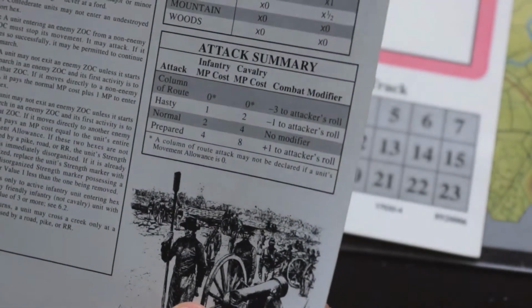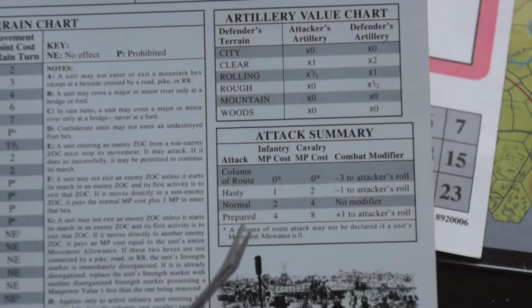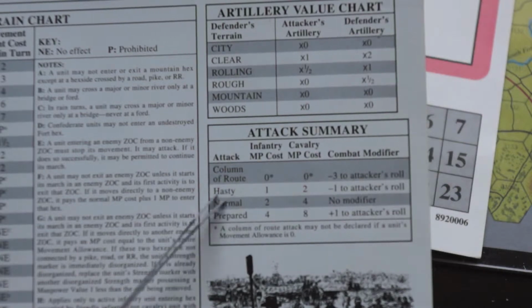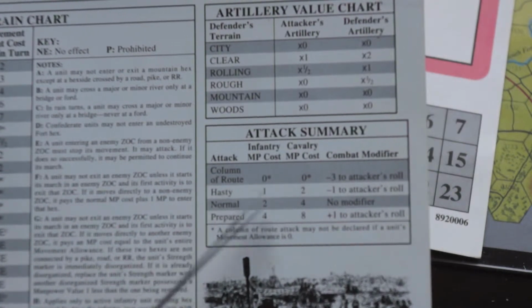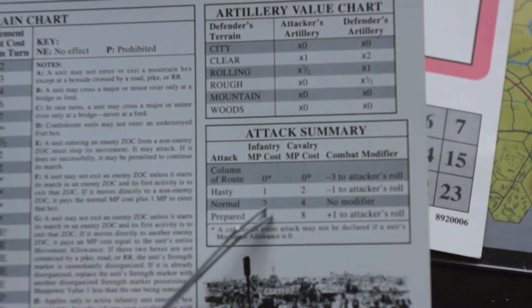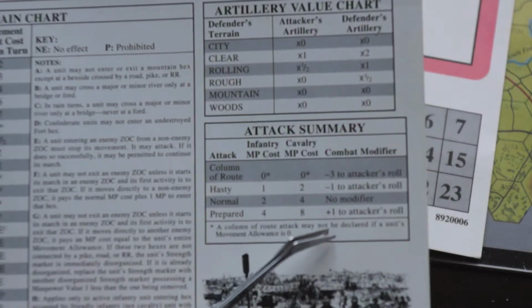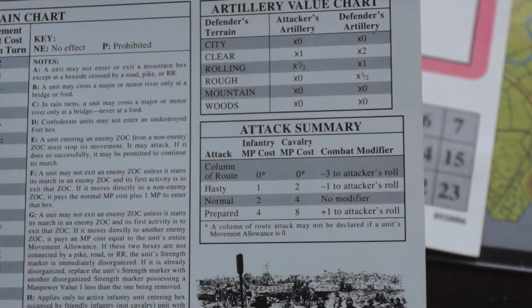Once you activate a unit, a unit can march and then perform an attack. Now, what is relevant is that attacking has a certain cost, a certain number of movement points. According to how many of these movement points you spend, you get either a negative or a positive modifier on your die roll.